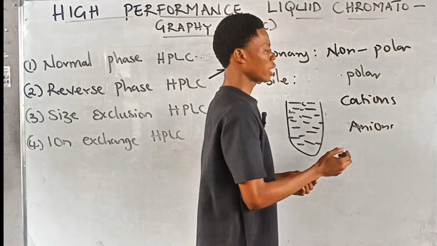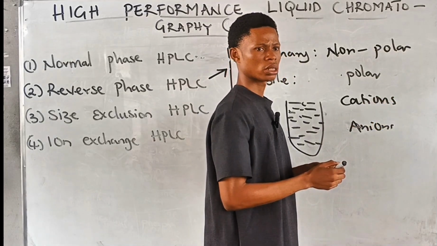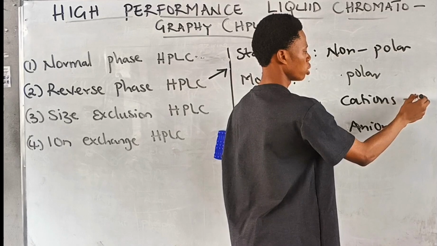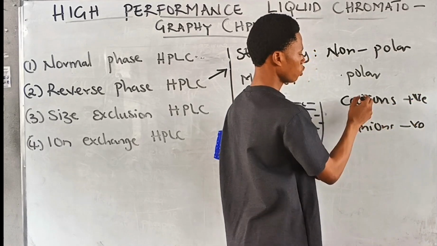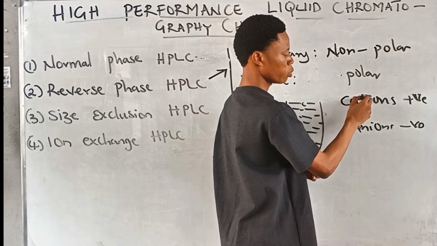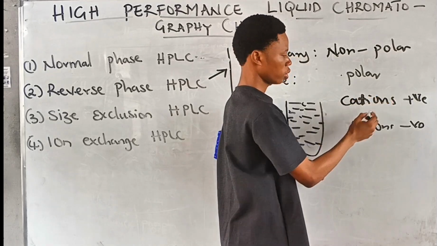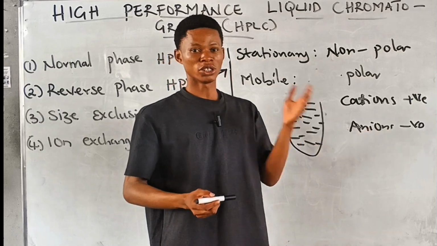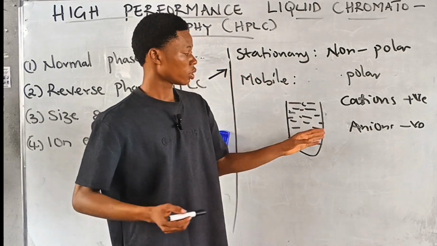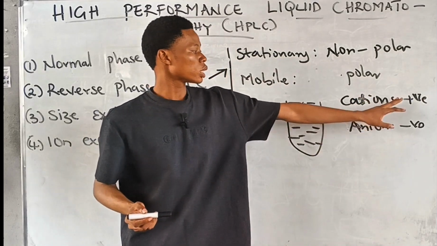Among cations and anions, which one is positively charged? This one is positive, right? Don't forget the plus here in the cation, so it makes it positively charged. And anions make you cry. Negative.